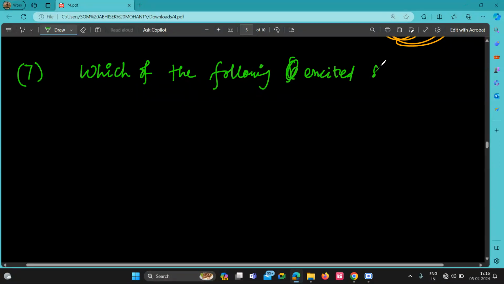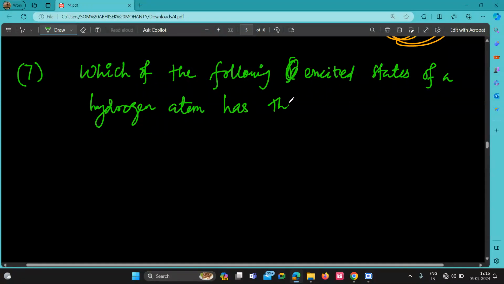Which of the following excited states of a hydrogen atom has the highest lifetime?